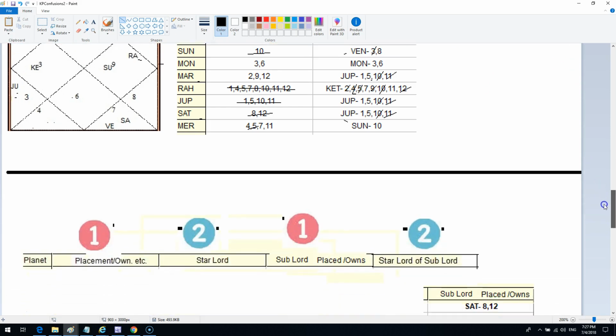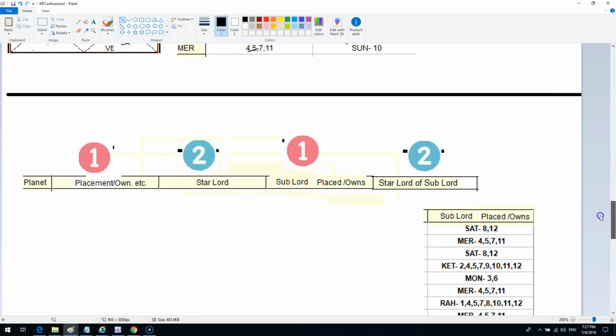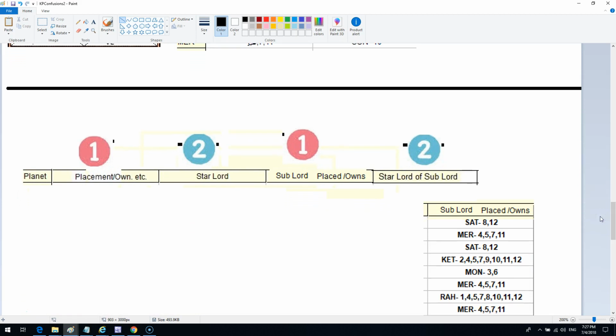Now, since the new Suprema theory recommends that we lay down the table of signification at 4 different levels, 1, 2, 3 and 4, whatever rules are applicable at the first level are also applicable at the third level, and whatever rules are applicable at level 2 are also applicable at level 4.